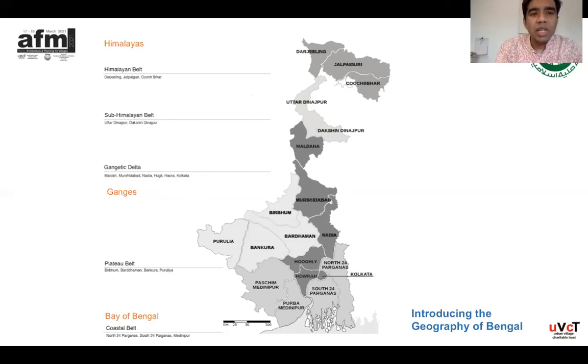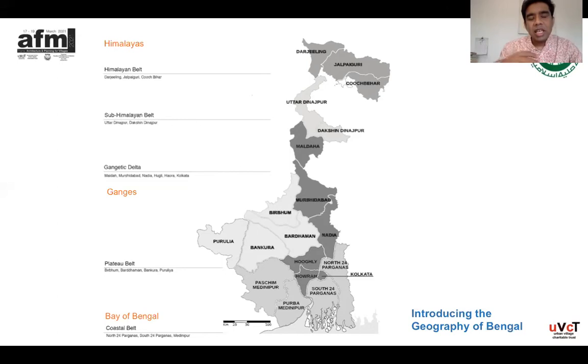So we have Darjeeling, Jalpaiguri, and Cooch Behar in the Himalayan belt, Uttar Dinajpur and Dakshin Dinajpur in the sub-Himalayan belt, Malda, Murshidabad, Nadia, Hooghly, Howrah, Kolkata in the Gangetic delta, then Birbhum, Bardhaman, Bankura, Purulia in the Plateau belt, and then the North 24 Parganas, the South 24 Parganas, and Medinipur in the coastal belt.